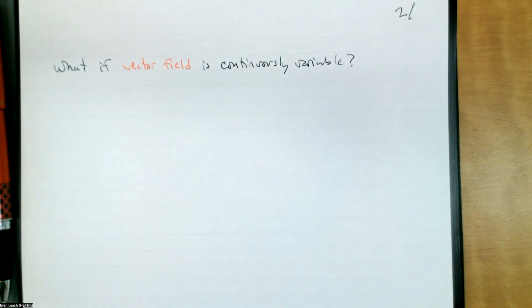So the first thing we're going to do is make the vector field continuously variable. What happens if we have a different vector at every point on the surface?